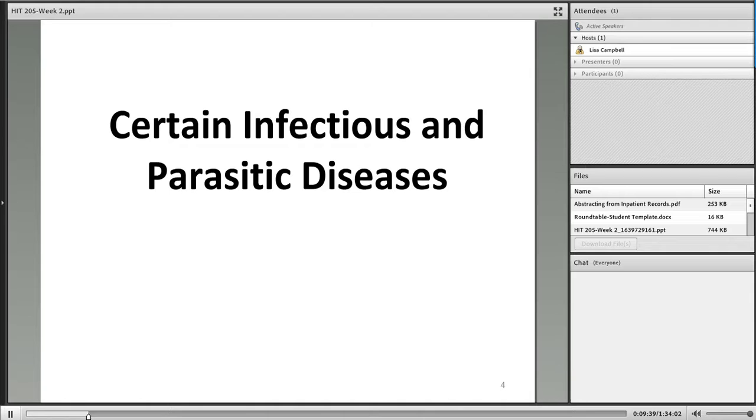For the next 6 weeks, we are going to spend a lot of time going through the different chapters of the tabular list. Keep in mind the chapters of the tabular list are not the same as the chapters in the textbook. Okay, so we're going to be looking at first chapter specific guidelines, certain infectious and parasitic diseases.